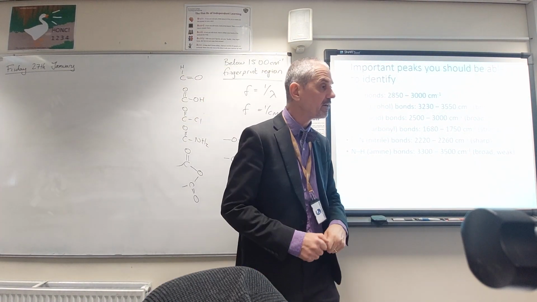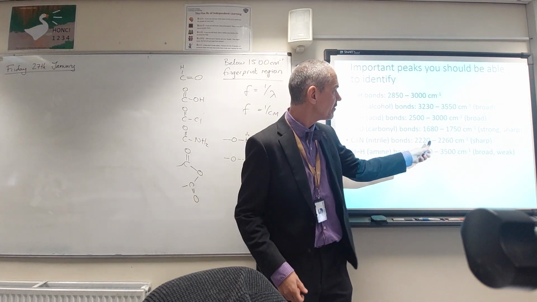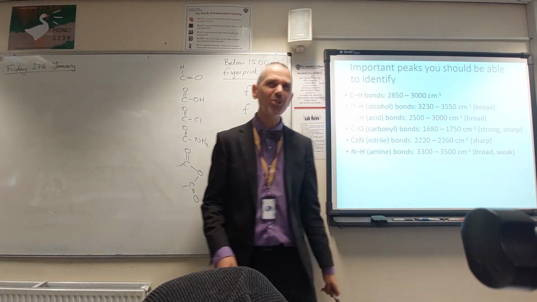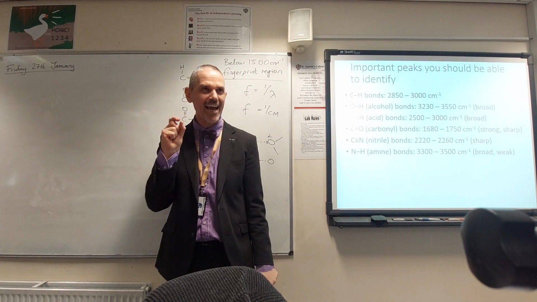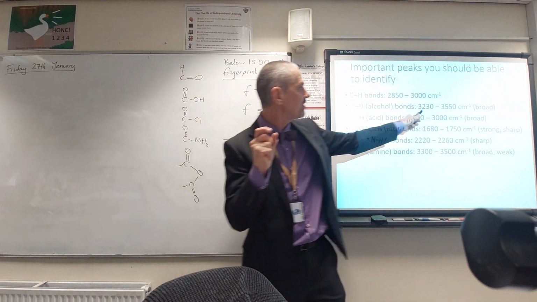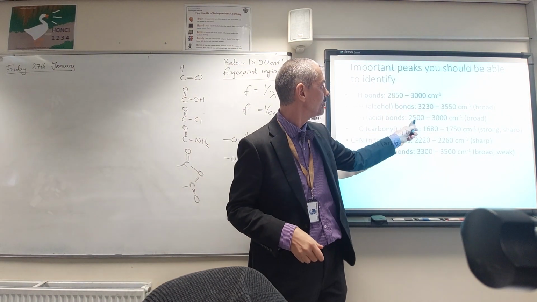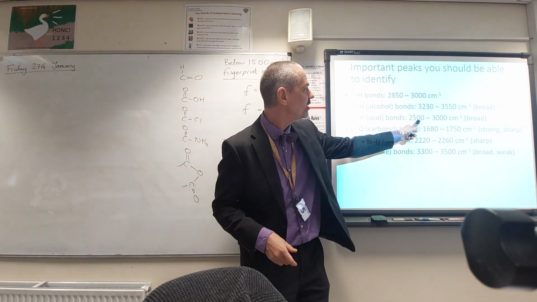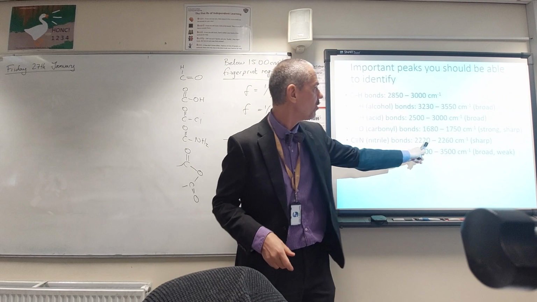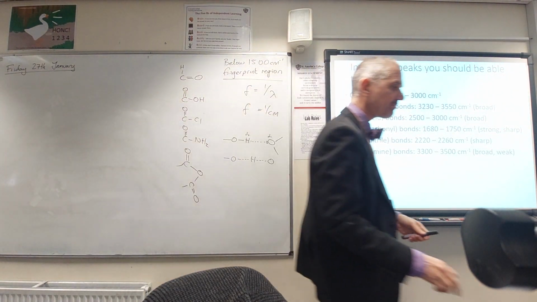Nitrile is the first one. If you look at the range for nitrile, 2220 to 2260, that's a very narrow range. Compare that with the range given for an alcohol, or an acid, 2500 to 3000. That's a range of 500 centimetres to the minus 1. This is a range of 40.